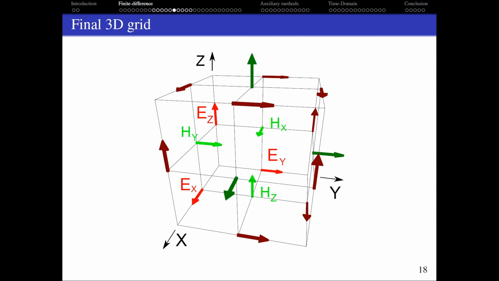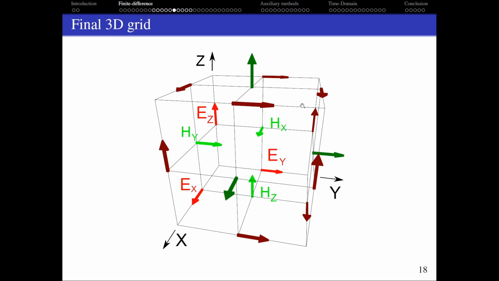The implication is that when, for instance, you want to have the value of the field at this point, at the origin of the grid, you can't do this from the computation directly. You need actually to interpolate the field between one grid cell to the other if you want to have something at this point, for instance. And this is true for all the different components.